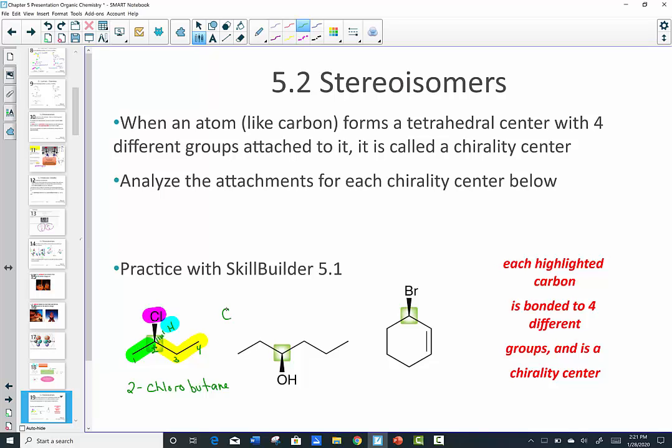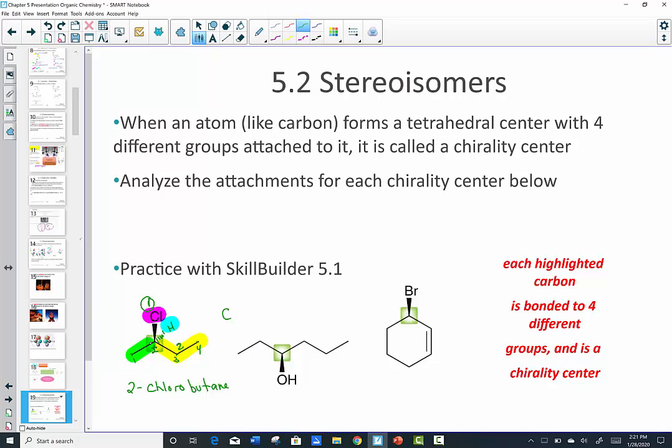This carbon has a wedge of a chlorine, a dash of a hydrogen, methyl, ethyl. So priorities: carbon leading out to a chlorine. Chlorine has the highest atomic number, so that's priority 1. I have a carbon attached to 3 H's and a carbon attached to another carbon. That wins. The longer carbon chain is higher priority.